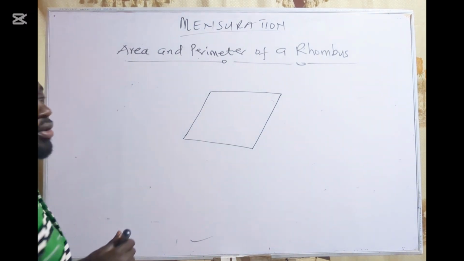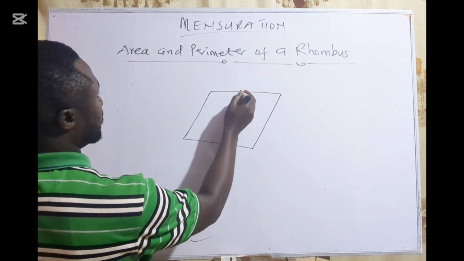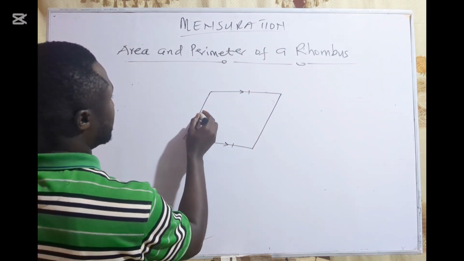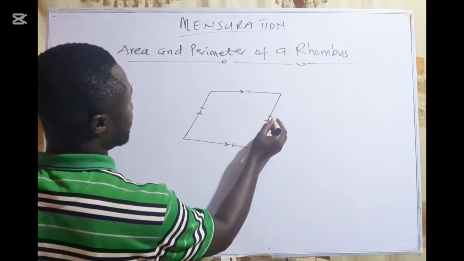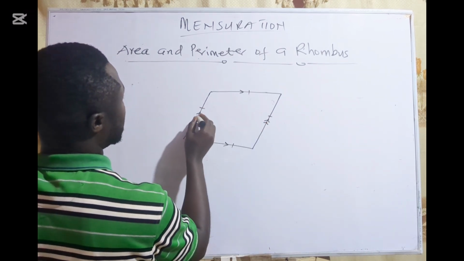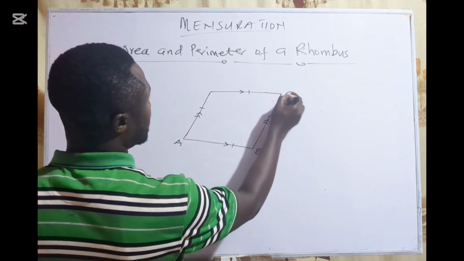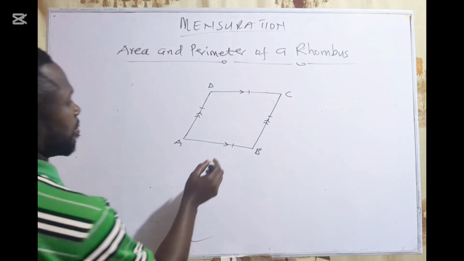So this is how a rhombus looks. Opposite sides are equal and parallel, and all the sides are also the same. So A, B, C, and D. All the sides are equal.